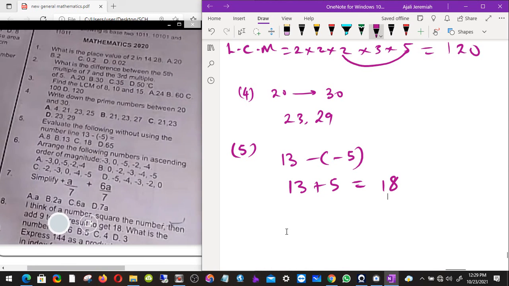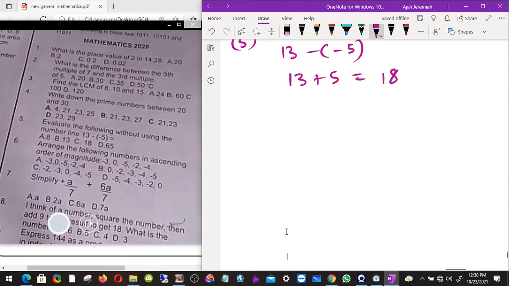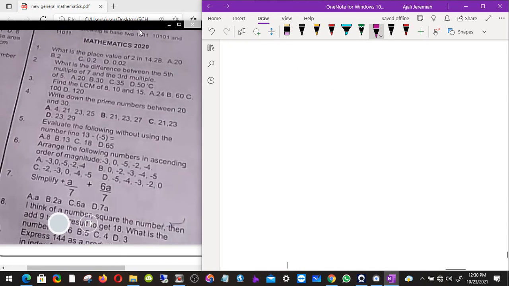Number 6. Arrange the following in ascending order, from the smallest to the biggest. So what's the smallest there? Minus 4, minus 2, 0.